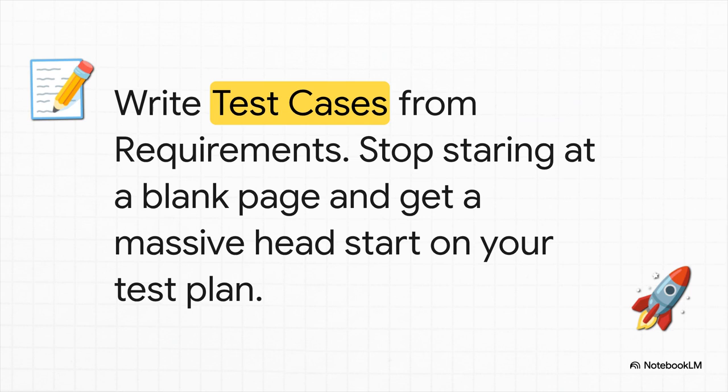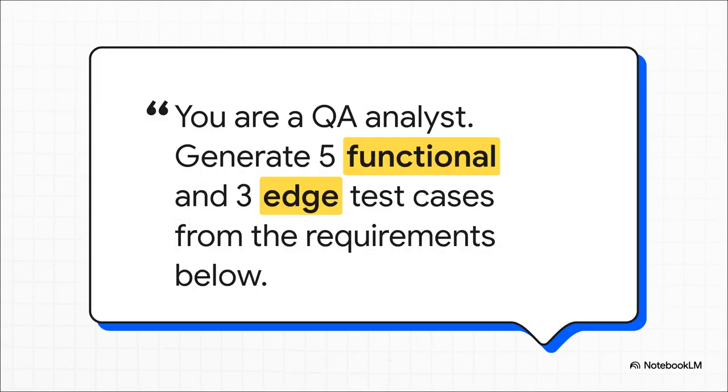So let's dive into our first power play, which is a massive time saver: writing test cases directly from a set of requirements. This little trick basically gets rid of that blank page problem and gives you a huge head start on your entire test plan. Now, the real secret sauce in this prompt is that first sentence, "You are a QA analyst." It's a technique called role prompting, and it immediately puts the AI in the right frame of mind.